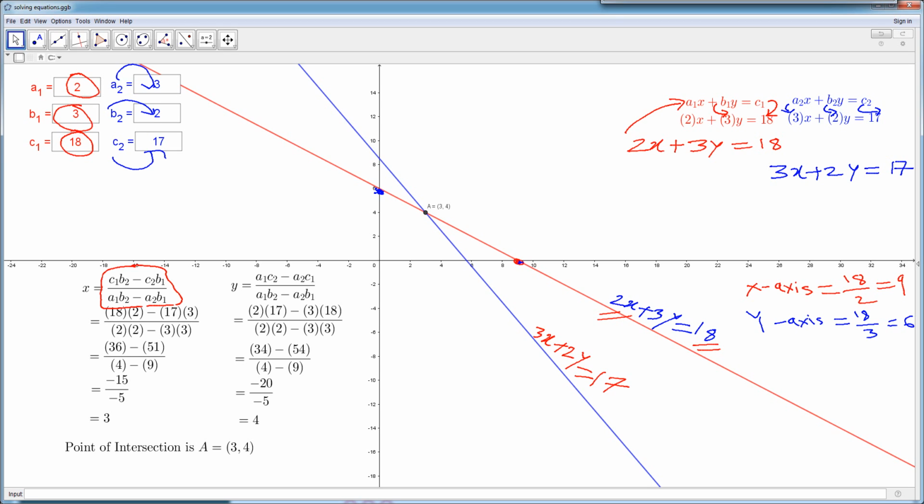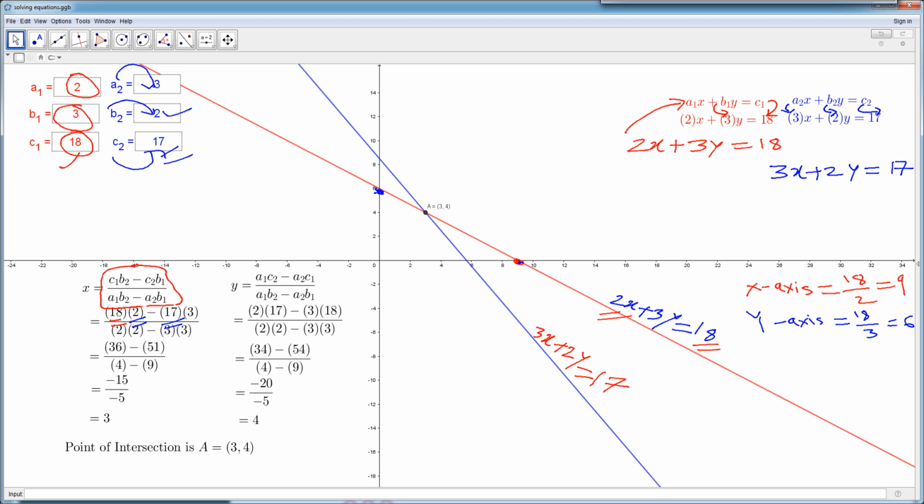Just substitute the values. Value of c1 is 18, as I mentioned, this c1. Value of b2 is 2, so this value of b2, which is 2, is substituted here. Value of c2 is 17, so this value of c2 is substituted here.